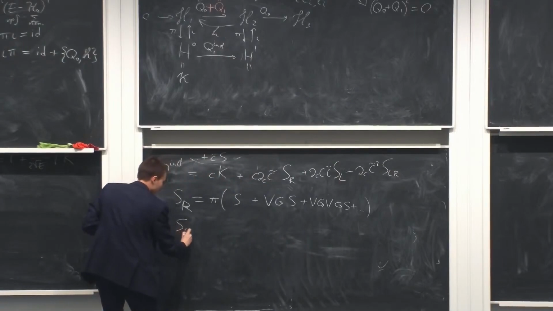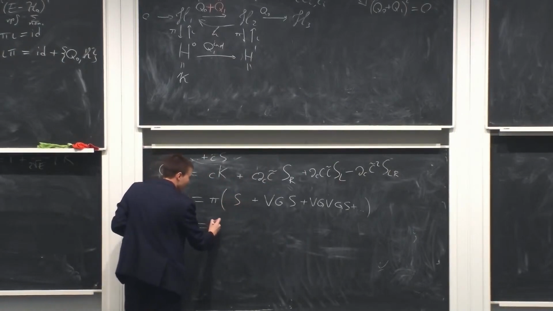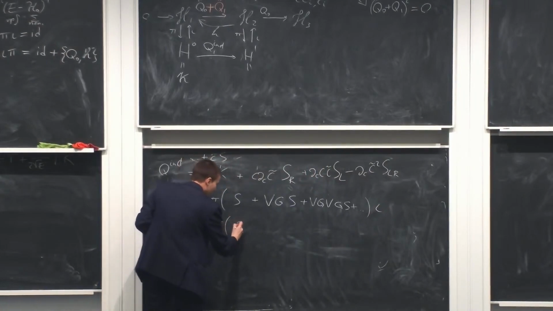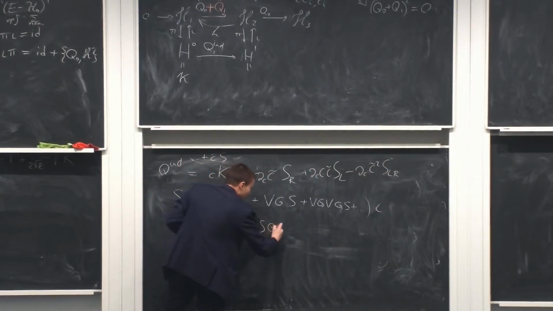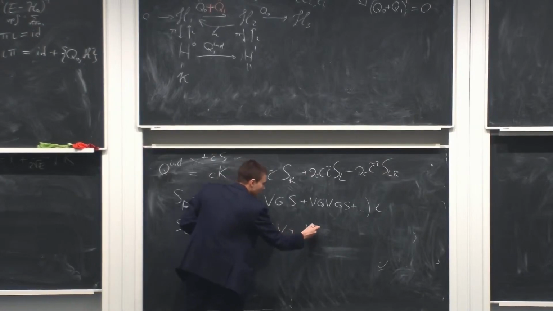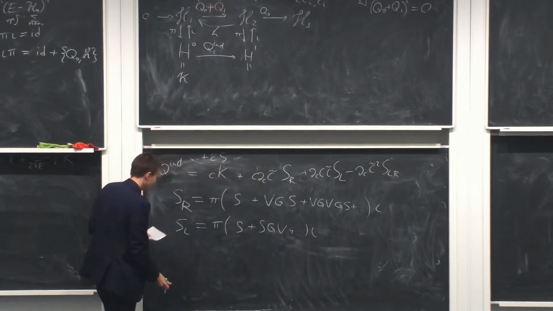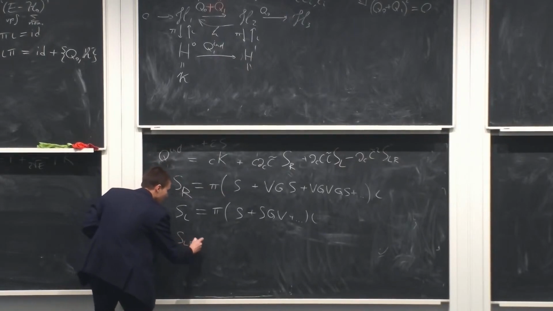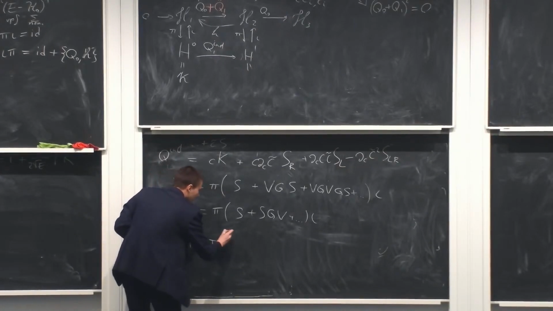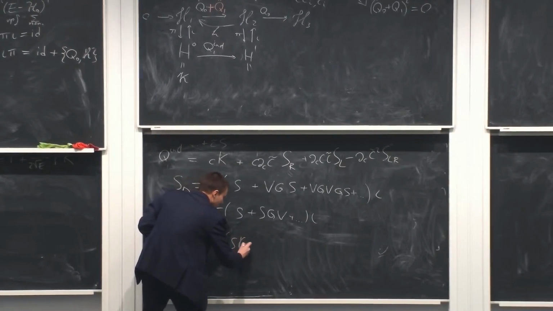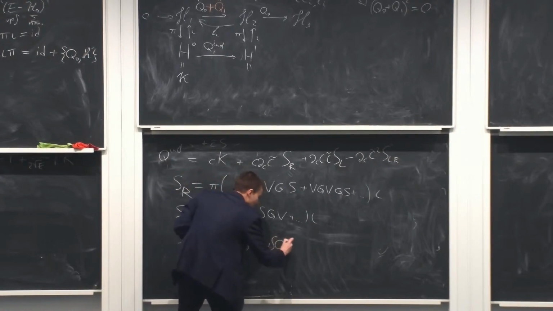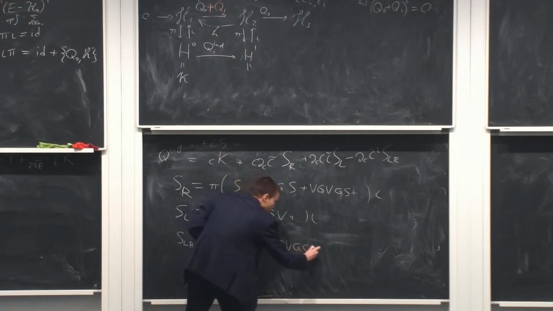SL is the same thing, but the S appears on the other side, and then there's an iota. Here it's S plus S, GV, and so on. And SLR has these symmetries on both sides. So it's pi, S, GS, plus S, GV, GS, and so on.